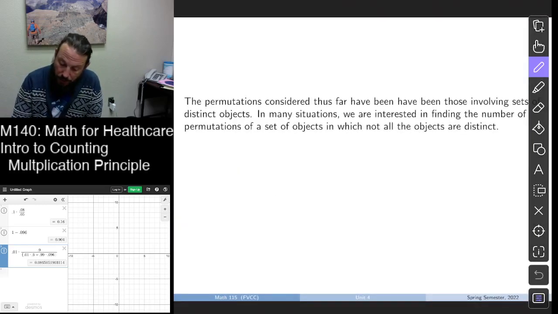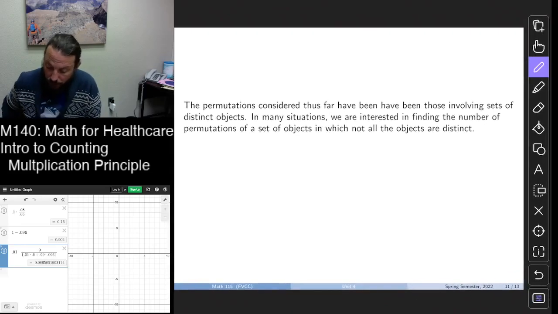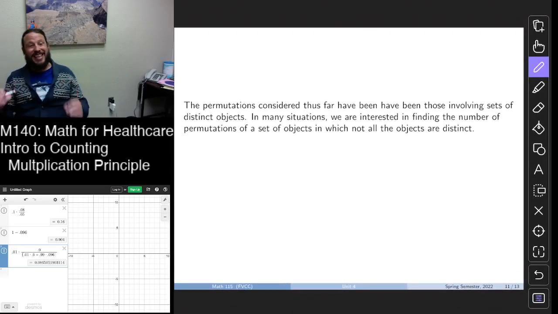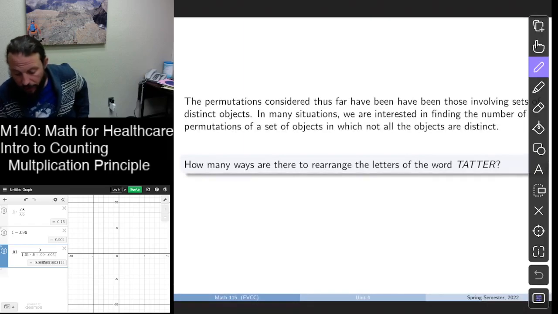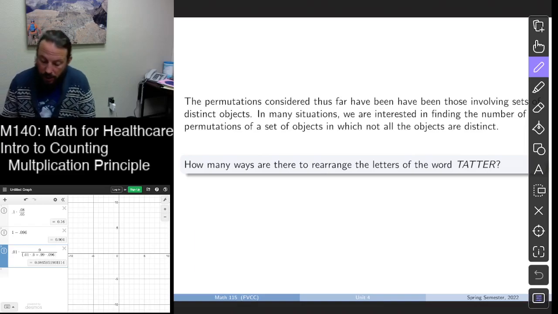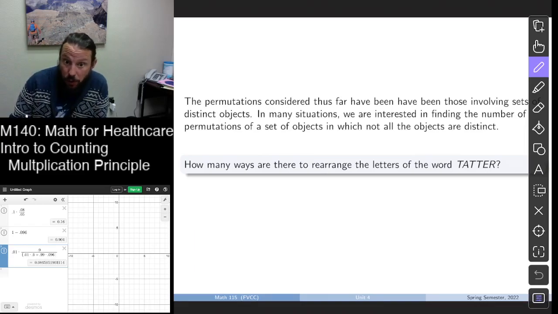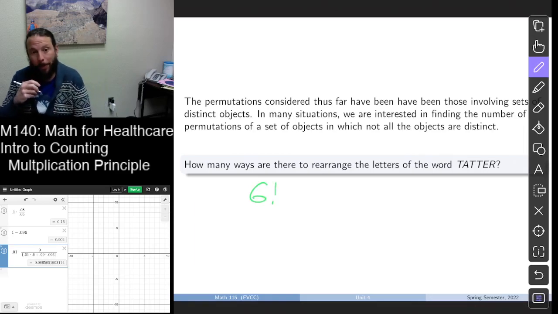Okay, so the permutations thus far that we've considered have all had distinct objects. Notice they've all been distinct. In many situations, we're interested in finding the number of permutations of a set of objects of which not all are distinct. So something like rearranging the letters of the word tatter. Well, if they were distinct, think to yourself, how many would there be? 6 factorial, right?